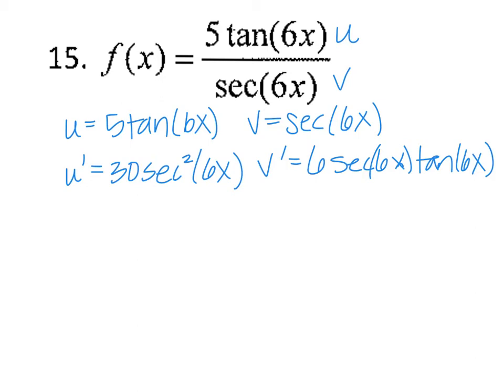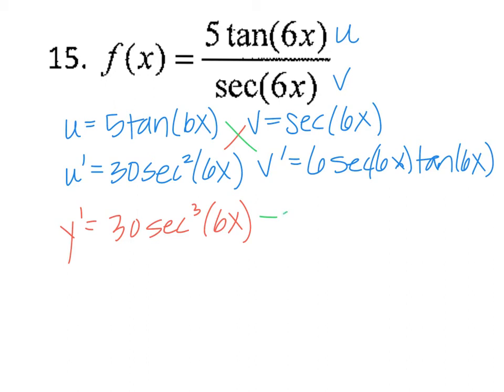So quotient rule is much the same in the numerator. So y prime is equal to low d high, or v times u prime. So that gives me 30. Now, because they all have the same angle measure, I can combine those into secant cubed of 6x. And then it's minus for the quotient rule.